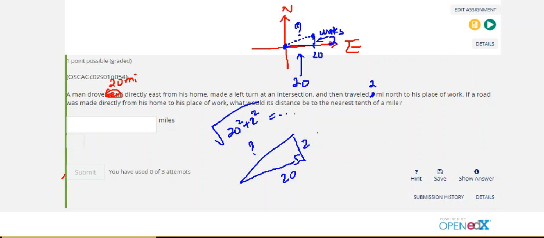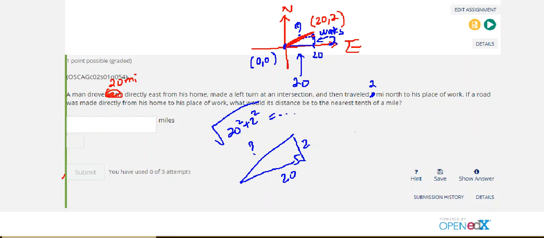Use your calculator. And another way to do that is, how about you begin with your home, which is 0, 0, the origin, right? And then the new point, the place of work here, it's going to be 20 and 2. Okay, so now you basically want to find the distance between 2 points.